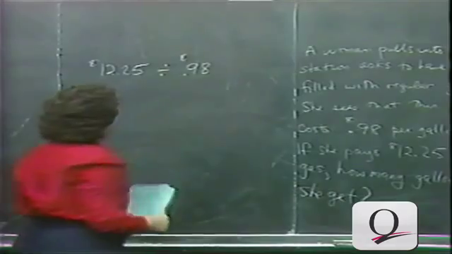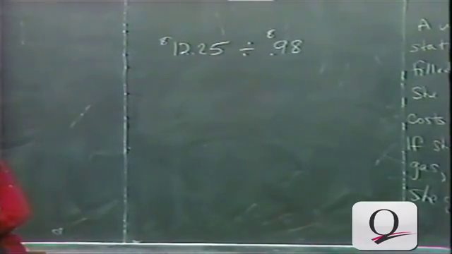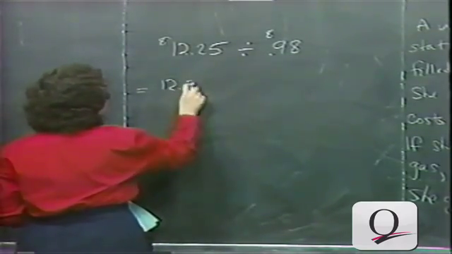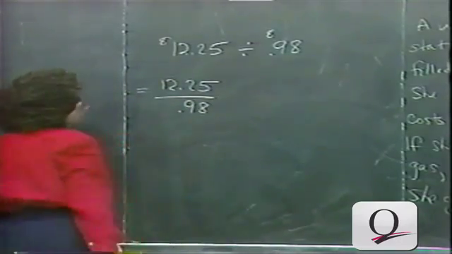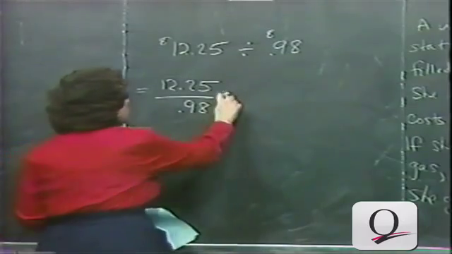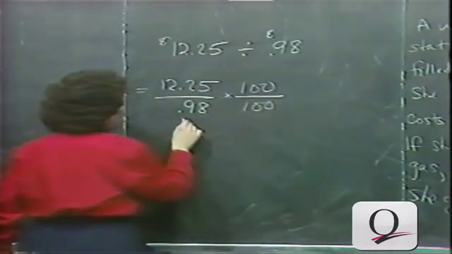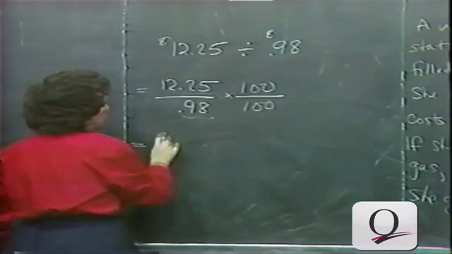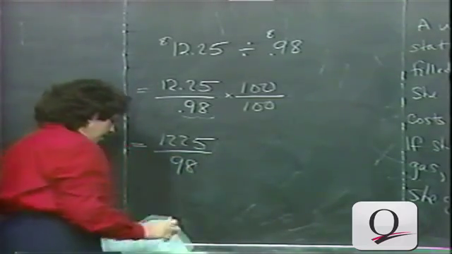How many times does 98 cents go into $12.25? That'll tell us how many gallons. So this is 12.25 divided by 0.98. We will multiply numerator and denominator by 100 because we want to shift the decimal point 2 places to the right. So this will give us 1,225 divided by 98.